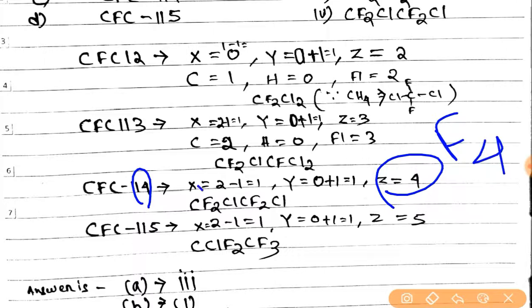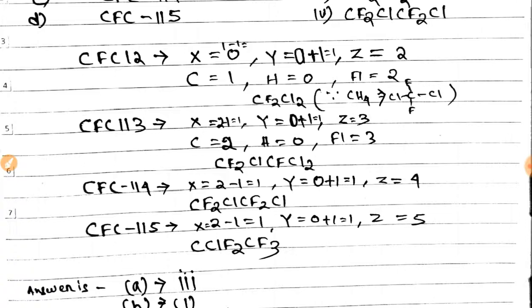So here you can see 2F is there, so the fluorine number is 4, carbon is equal to 2, and hydrogen is 0, so there is no need to write it, and the remaining atoms are chlorine. So 2 chlorines are written here. So our formula is CF2Cl CF2Cl.